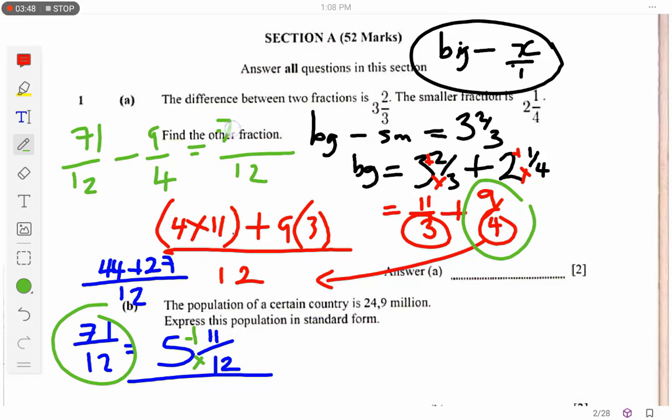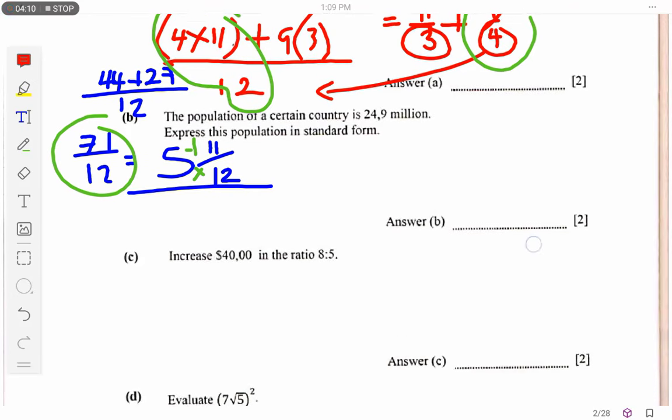So you have 71 minus 3 times 9, which is 27. 71 minus 27 gives you 11/3. That's basically how we prove that we have done the correct thing. Let's move on to the next question.